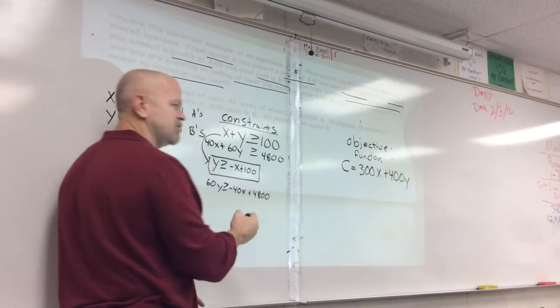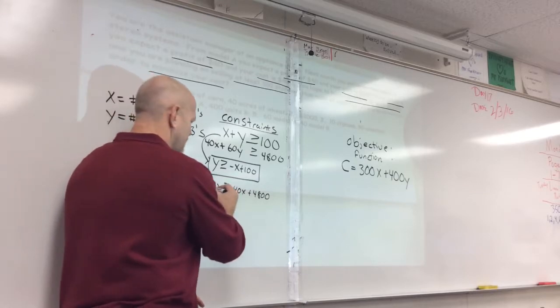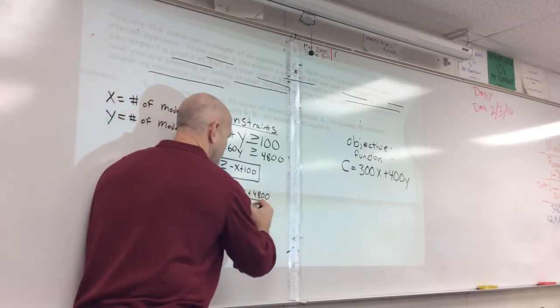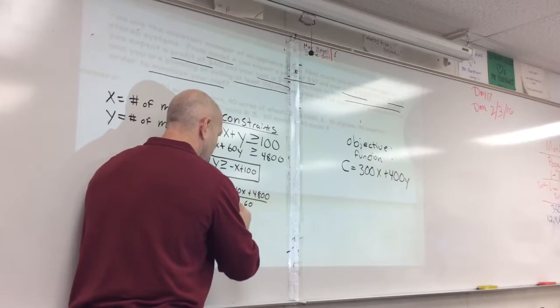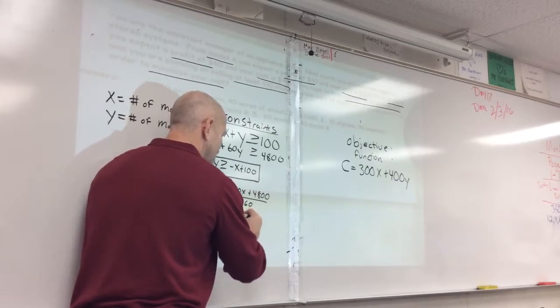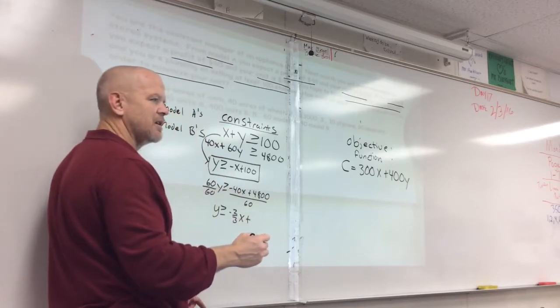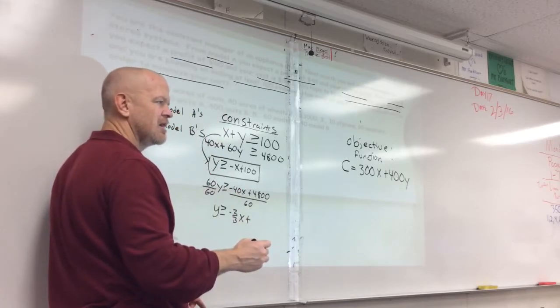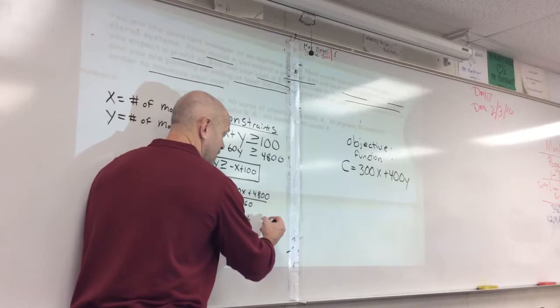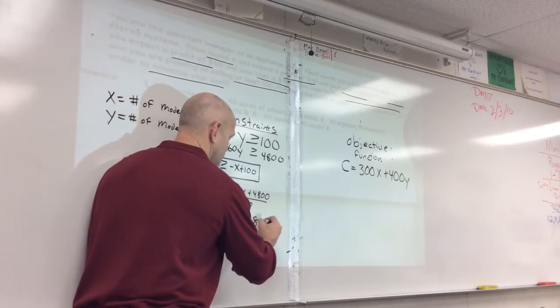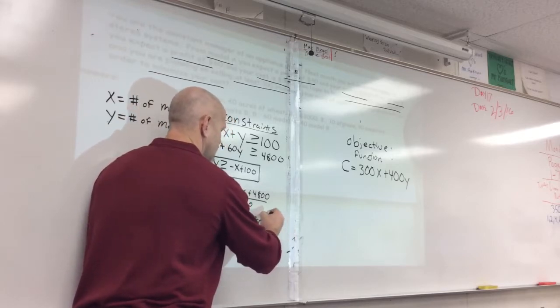And then I'm going to divide this entire thing by 60. We get Y is greater than or equal to negative 2/3 X plus, how many times does 60 go into 4,800? 80. Nicely done.